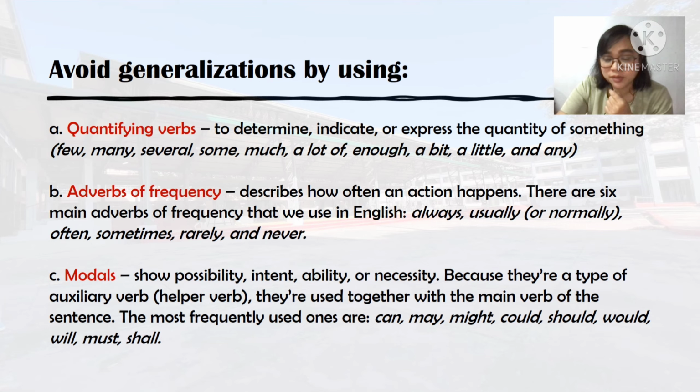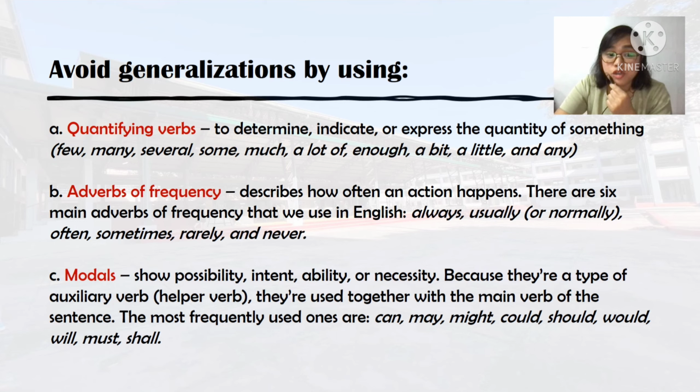Number 2, adverbs of frequency. It describes how often an action happens. There are 6 main adverbs of frequency that we use in English, and these are always, usually or normally, often, sometimes, rarely, and never.